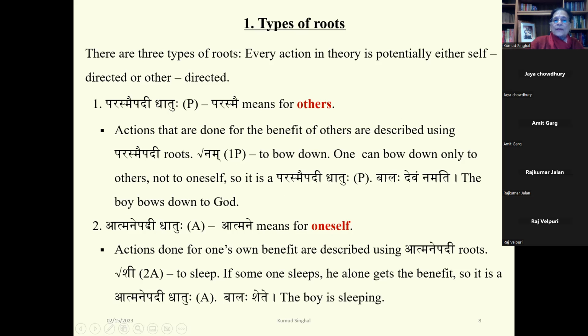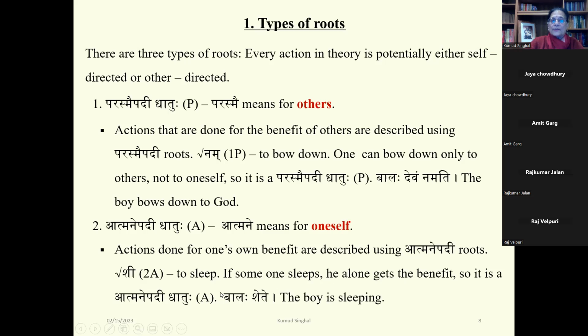Then atmanepadi dhatu is denoted by the uppercase A, and atmane means for oneself. So actions done for one's own benefit are described using atmanepadi roots. For example, the root shi, it is from the second group, and it is an atmanepadi root, which means to sleep. If someone sleeps, he alone gets the benefit.